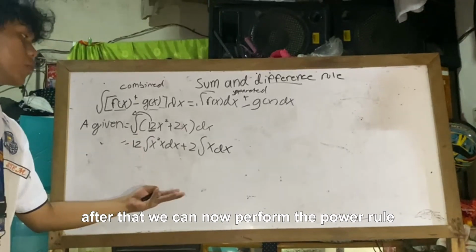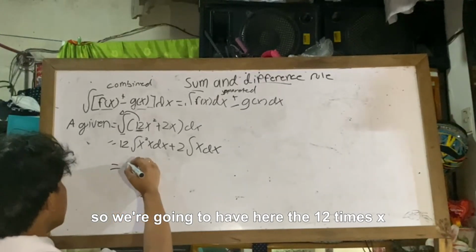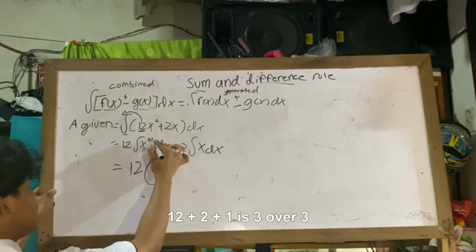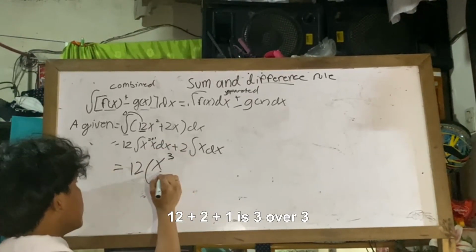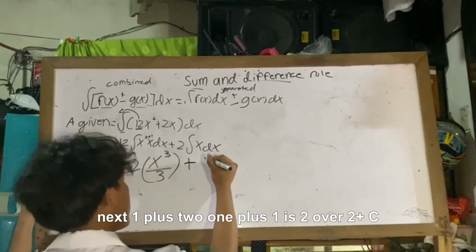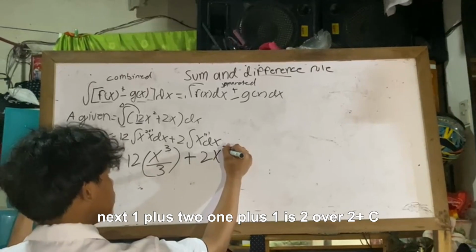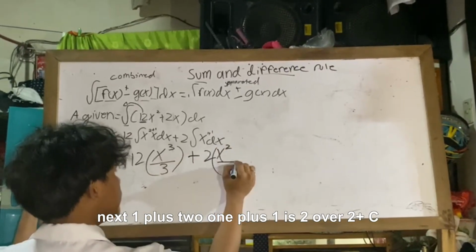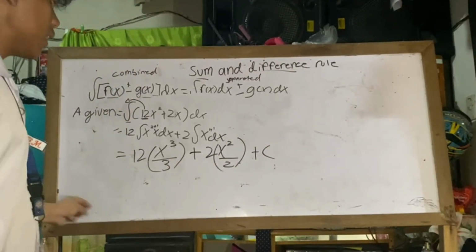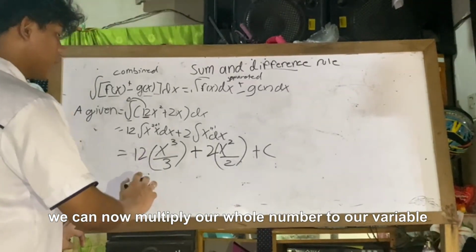After that, we can now perform the power rule. So we're going to have here 12 times x to the 2 plus 1, which is 3, over 3, plus 2 times x to the 1 plus 1, which is 2, over 2, plus c. After that, we can now multiply our whole number to our variable.